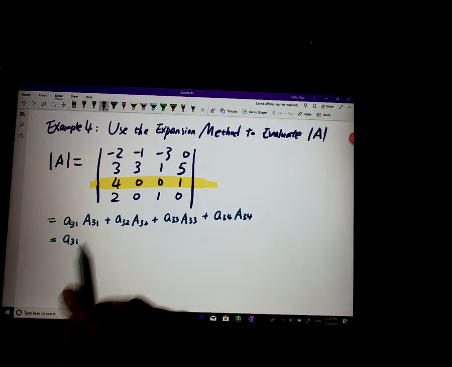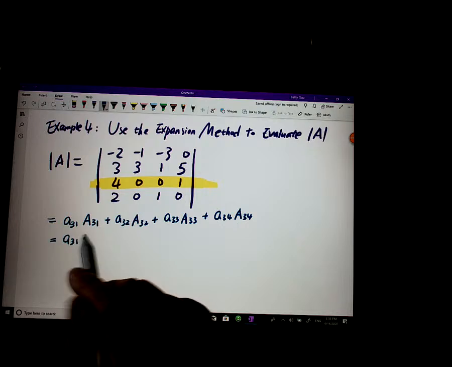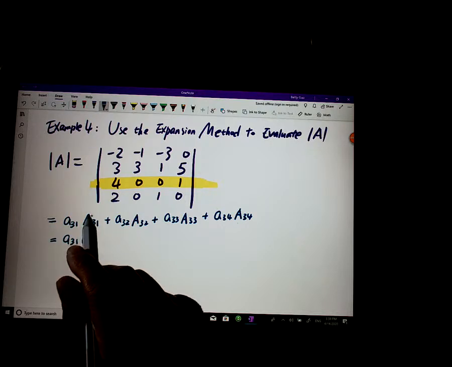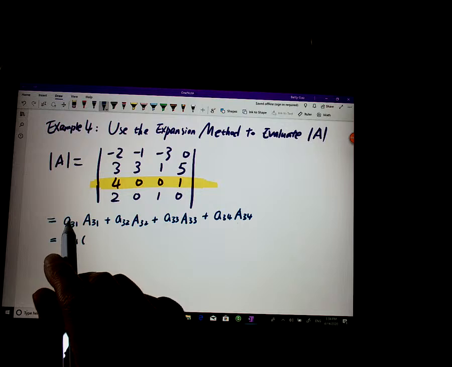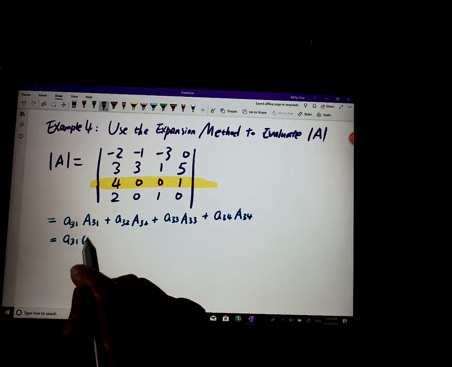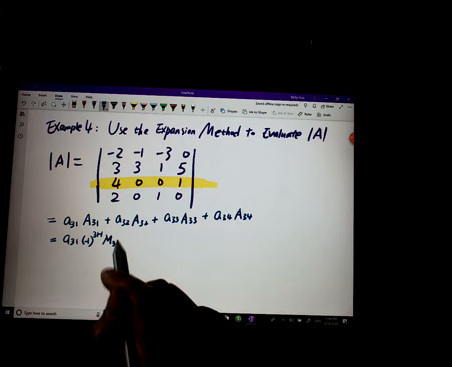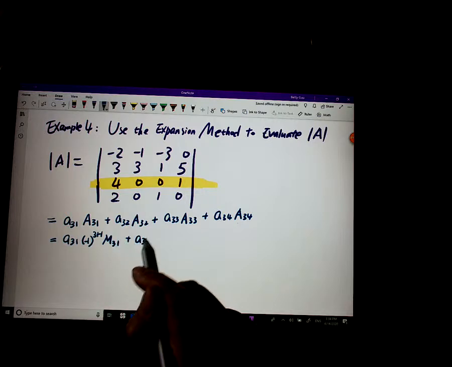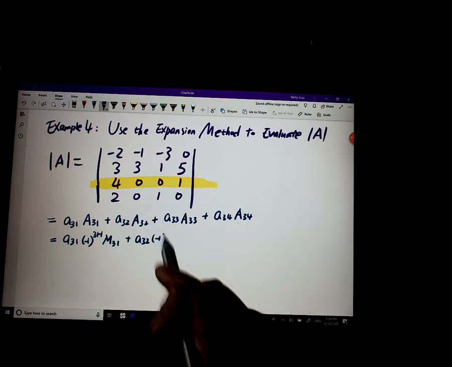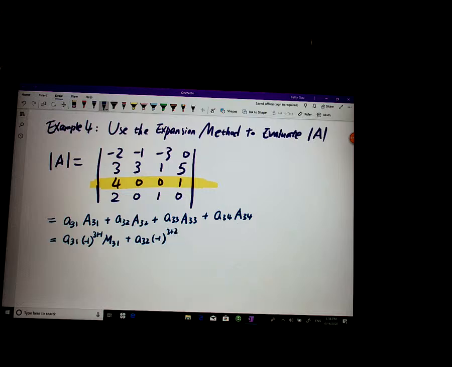Cofactor is a sign multiplied by minor. The sign for the cofactor of a sub 3,1 would be -1 to the power of 3 plus 1, times minor M31, plus a32, -1 to the power of 3 plus 2. You should see the pattern from the previous video.